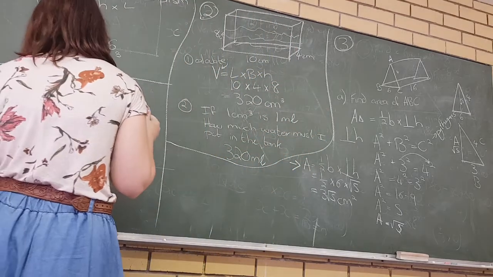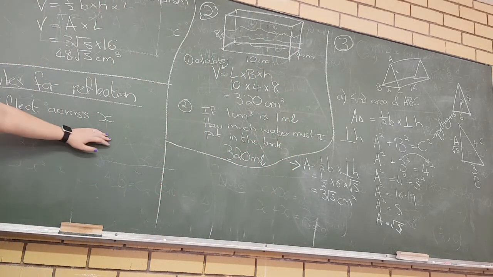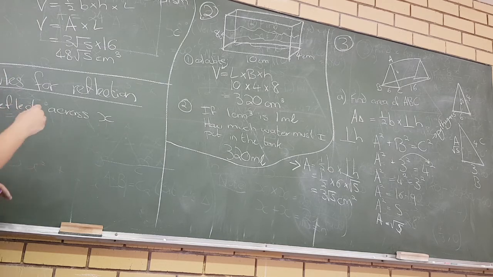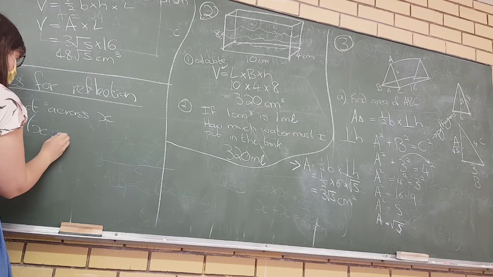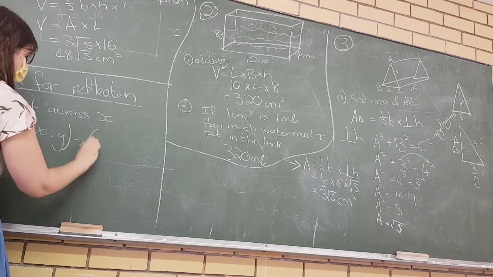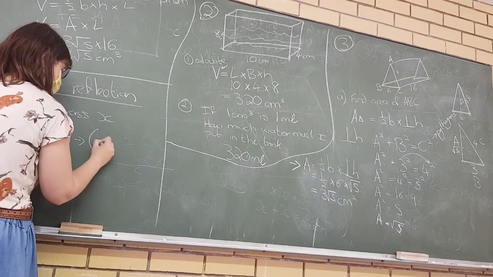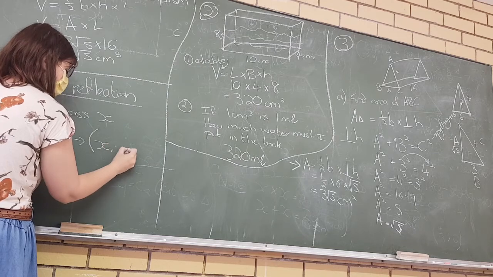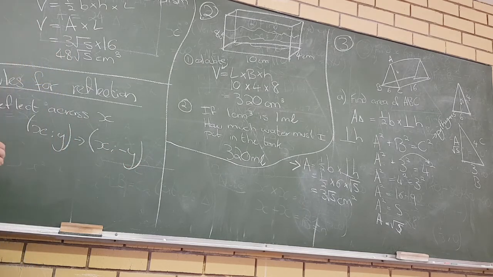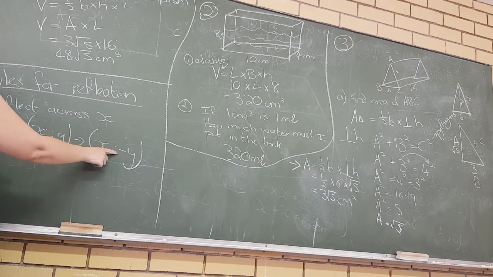Perfect. Good turnout. Alright, reflect across X. So when I reflect across X, my point X, Y becomes what? If I'm reflecting across X. X, negative Y. So my Y becomes negative.